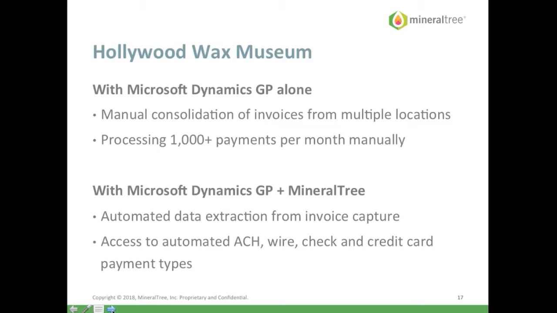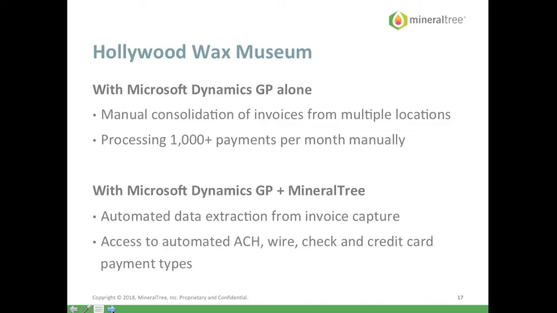So the automated invoice capture I talked about earlier, when they're thinking about invoices from multiple locations, there's capability for you to manage multiple locations from the same instance and be able to have those invoices come into a centralized place, but at the same time keeping them associated with the location they belong to.